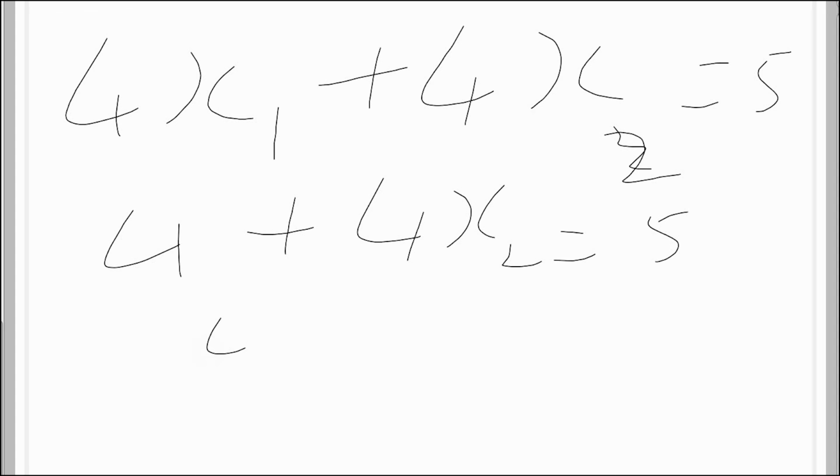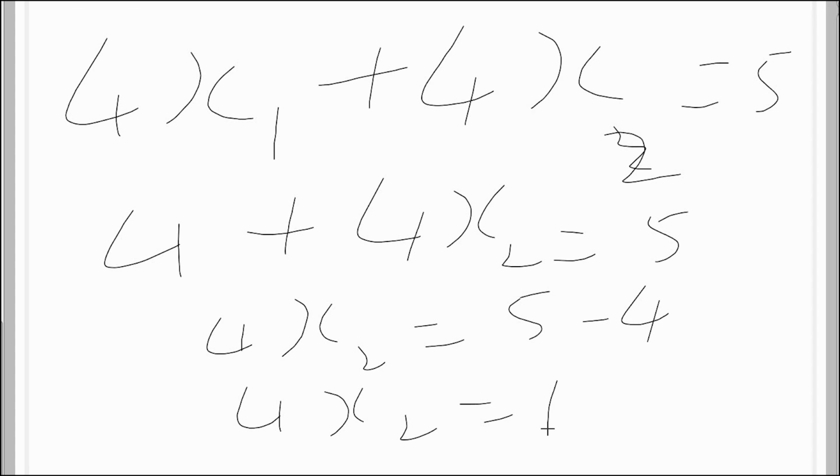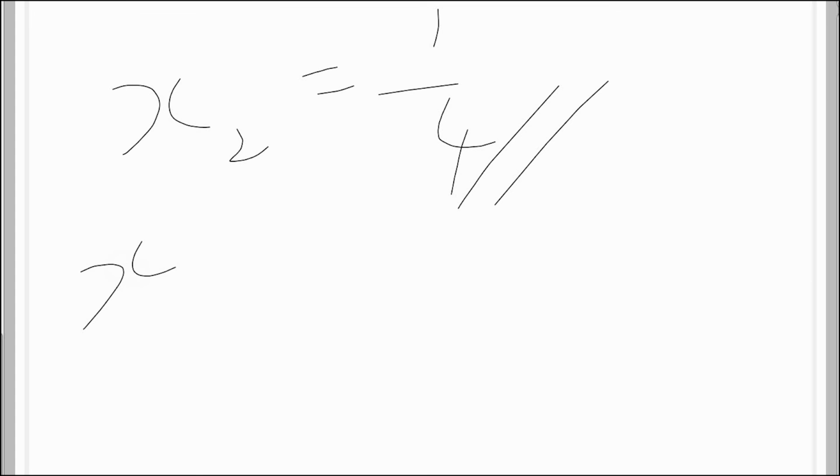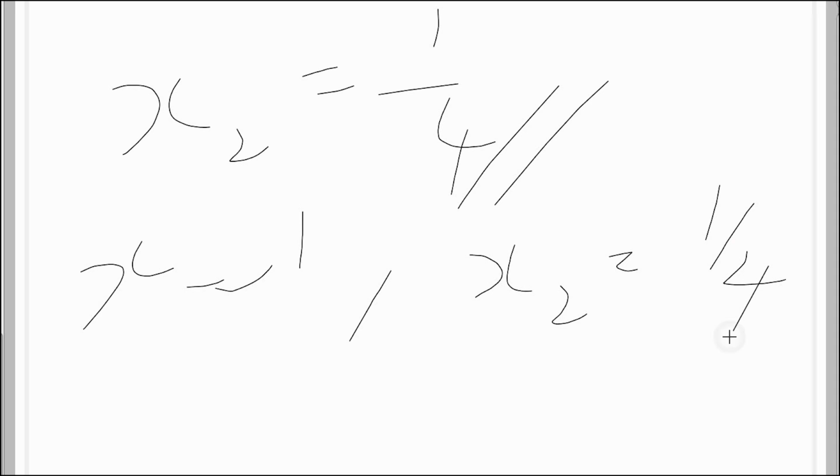Subtracting 4 from both sides, we have 4x2 equals 5 minus 4, which gives 4x2 equal to 1. So x2 is equal to 1 over 4. So that's our final answer: x1 is equal to 1, x2 is equal to 1 over 4. So that's how to solve.